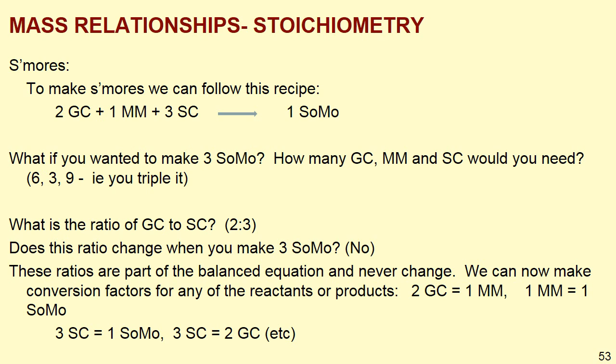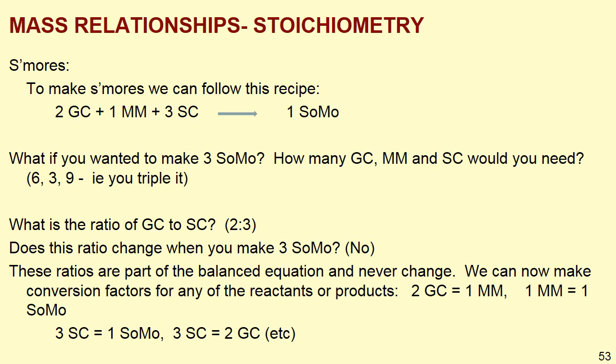So remember earlier I said that a balanced chemical equation means that mass is neither created nor destroyed. Well, it's the same thing when we're talking about mass relationships. If you start with a certain weight of reactants, you have to have the same weight of products produced. They may be rearranged and in different orders, but you can't lose any or gain any along the way.